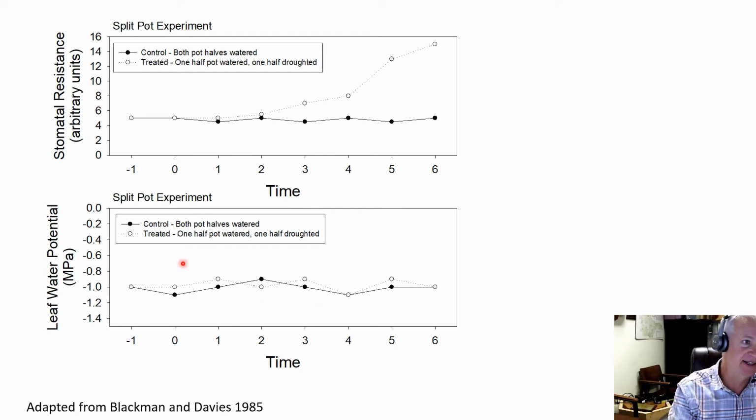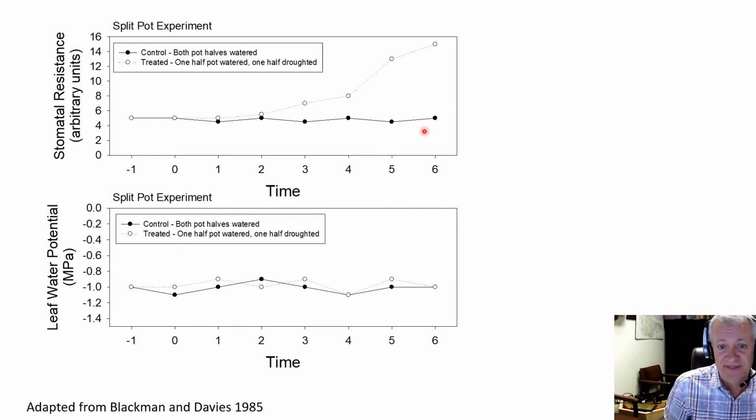On the other hand, in terms of stomatal resistance, what we see is that eventually, in the treatment where half the root system is allowed to dry out, we start seeing stomatal closure. That stomatal closure is not in response to water potential, because the water potential in the two treatments is the same.